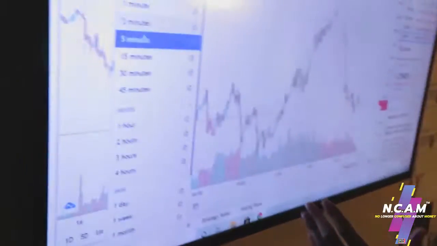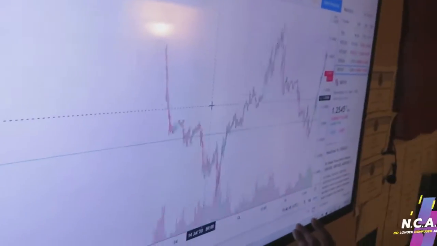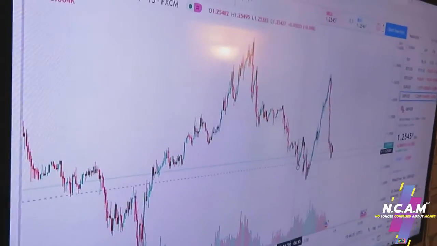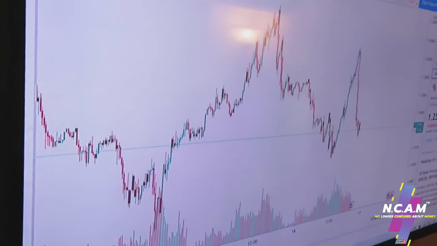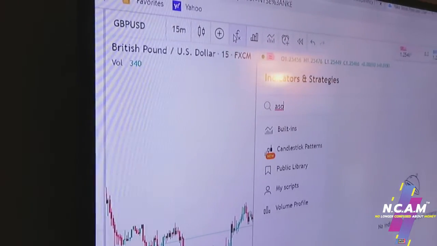So I'm going to go to a 15-minute, meaning that every little candlestick represents 15 minutes. Every day, the same thing happens. So I'm going to go back to the times, right? I'm going to use a little cheat sheet. So Asian session.